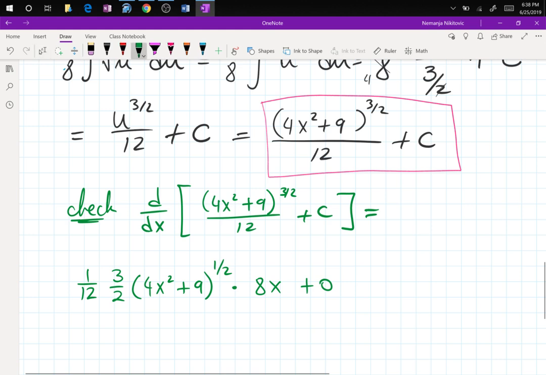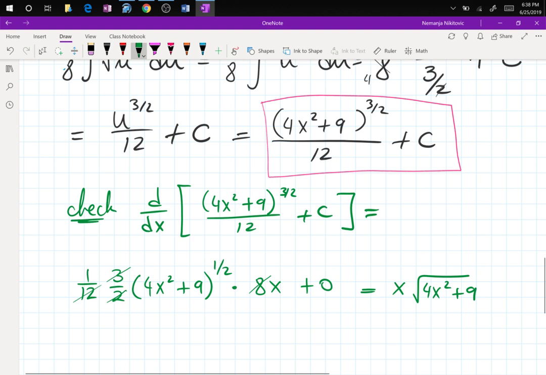So now I have 8 times 3 is 24 divided by 24, so they all cancel, right? 3 and 12 and 2 and 8, they all cancel, and we are left with x times the square root of 4x squared plus 9.